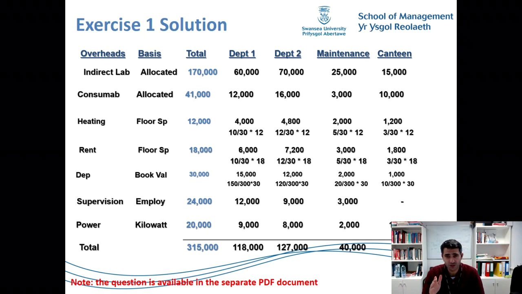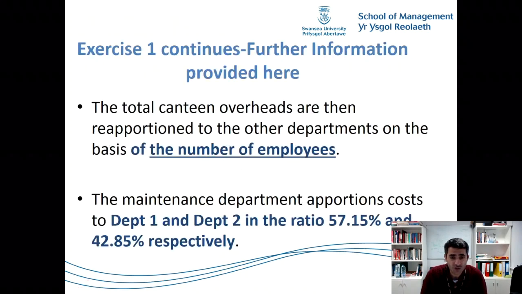So at the end of step 2B, the total maintenance and the total canteen must equal 0, because we need to reallocate them to other departments. So according to step 2B, the total maintenance and the total canteen must equal 0. Let's have a look. This is more information that comes from the question.